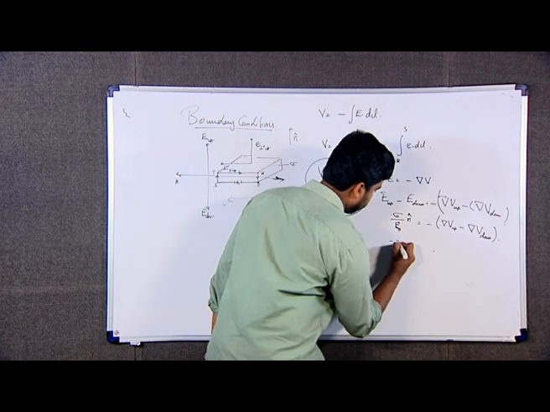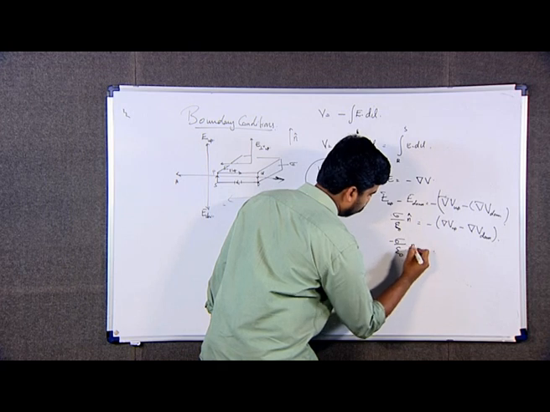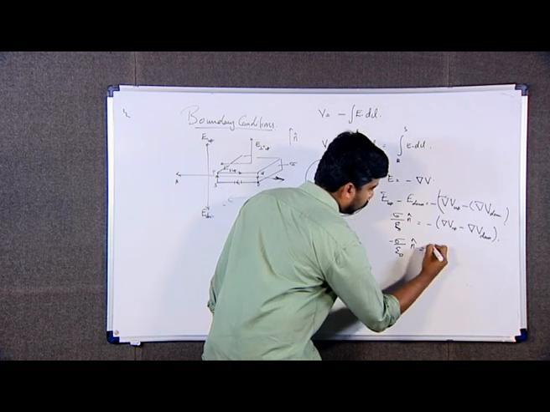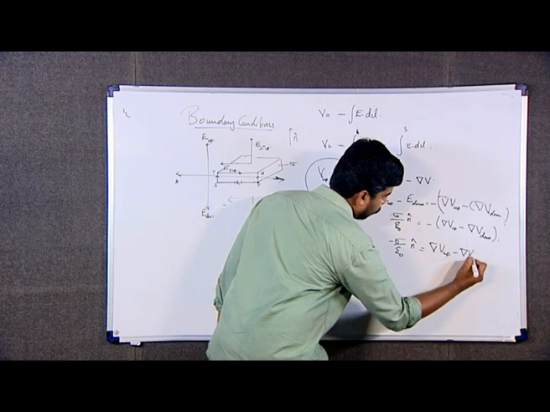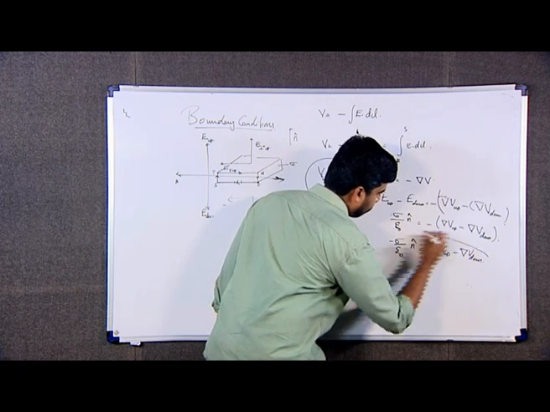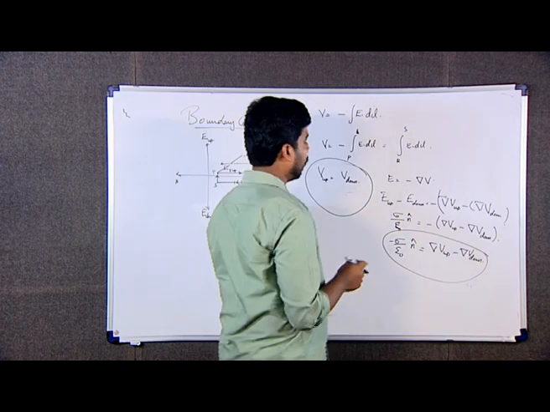So, we can write it as minus sigma by epsilon 0 into n cap, which is equal to del of V up minus del of V down. V up minus V down.